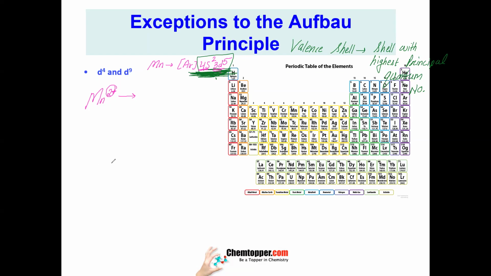Okay, now without error, you're going to answer this question. So this is argon 3d5. Can you give me the configuration of Zn2+? All of you, I won't answer from everyone.